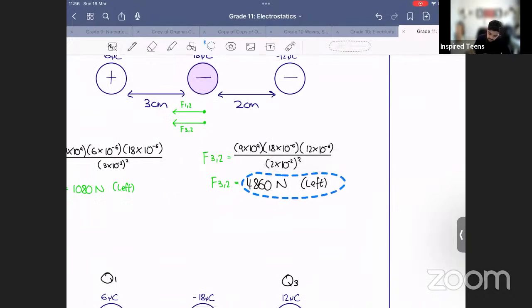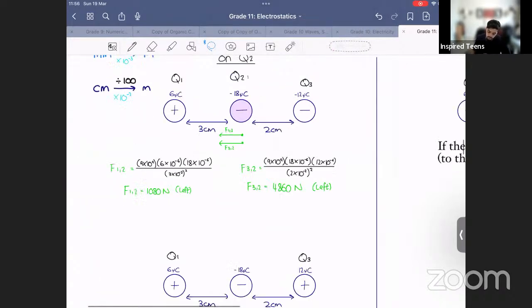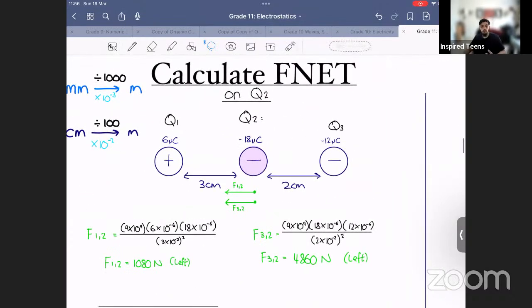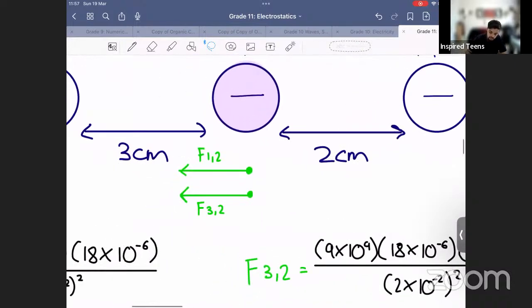Okay, so now we have the force that 1 exerts on 2. We have the force that 3 exerts on 2. We have the direction of those forces. How do we calculate F net in this case? Of course, F net is going to be some sort of combination of the two vectors that we have here.